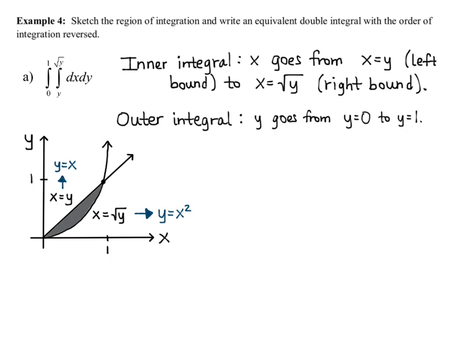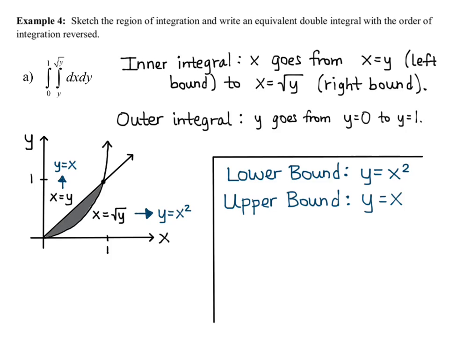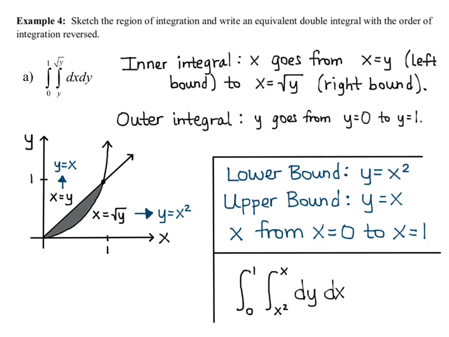So now we have a lower bound of y equals x squared and an upper bound of y equals x. We can tell from the shaded region that x goes from 0 to 1. Putting all of this together, we have the double integral of dy dx with inner bounds y equals x squared to y equals x, and outer bounds x equals 0 to x equals 1.